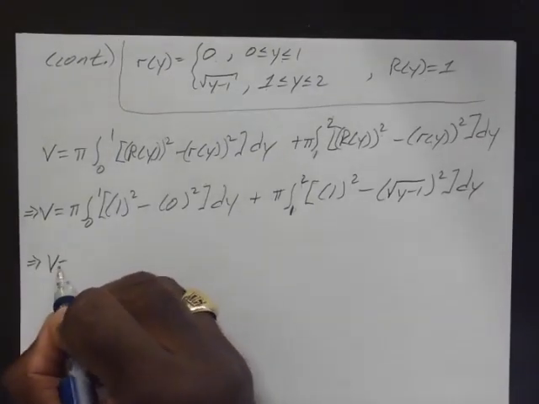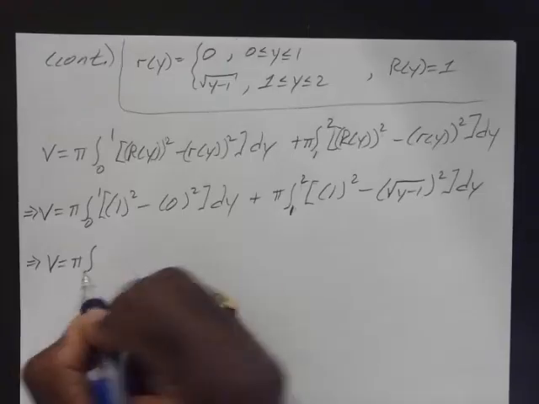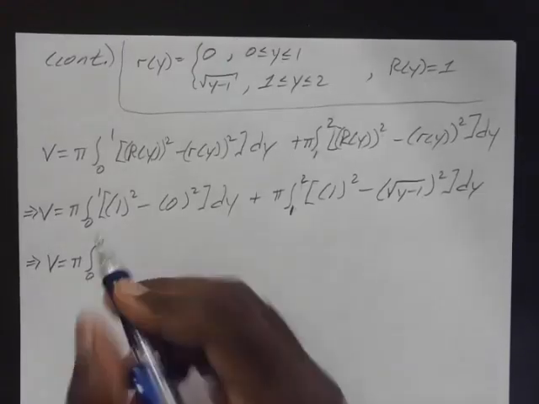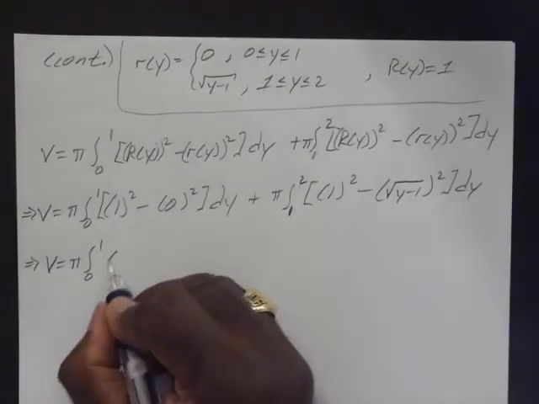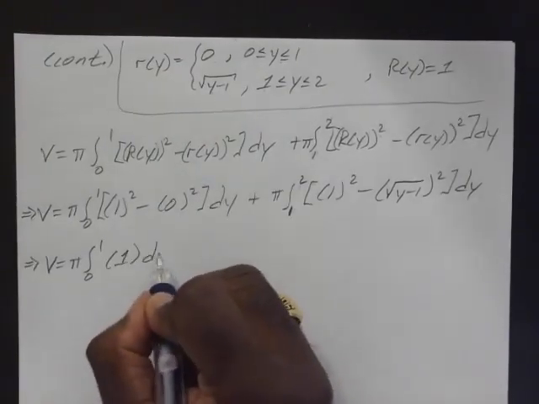So we know that our volume is equal to pi times the integral from 0 to 1 of 1 squared minus 0 squared, which is just 1, with respect to y.